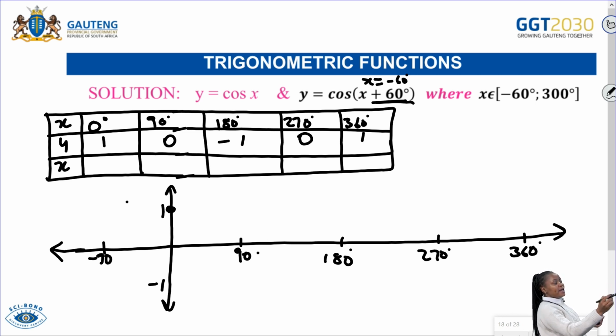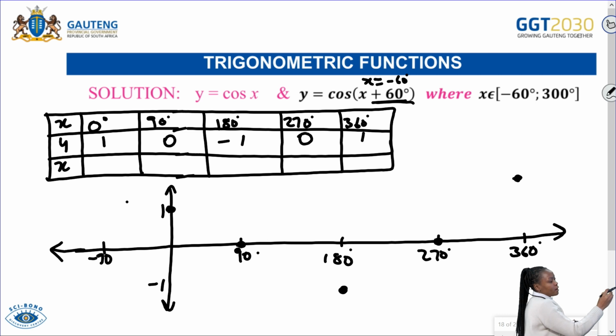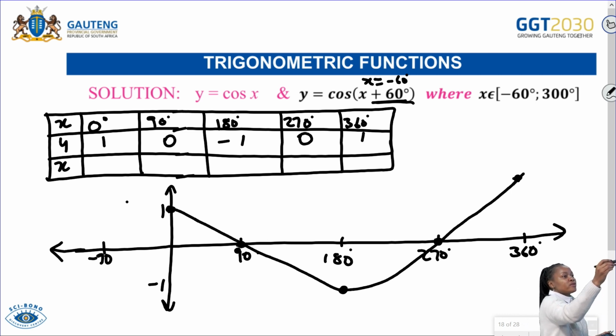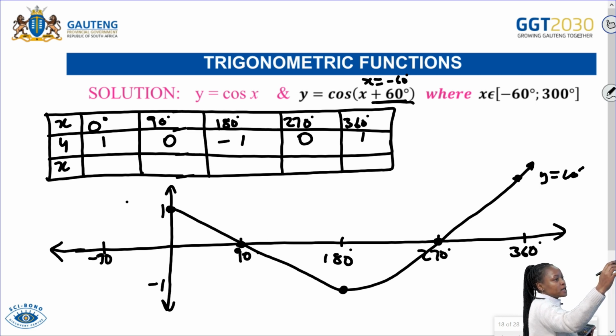At 90, I'll have 0. At 180, I'll have negative 1. At 270, I have 0. And at 360, I'll have positive 1. So we start our graph from there, a smooth curve, and it goes like that. Can you see? Okay, so this is my mother graph of y equals cos x.